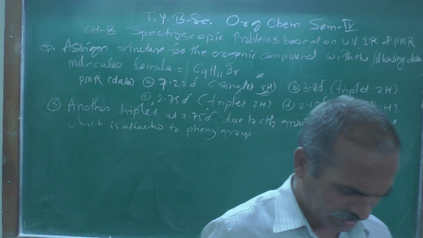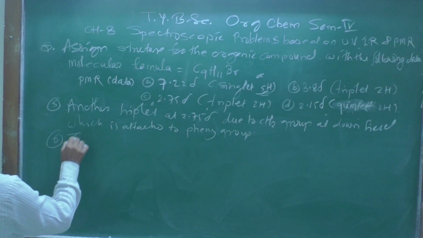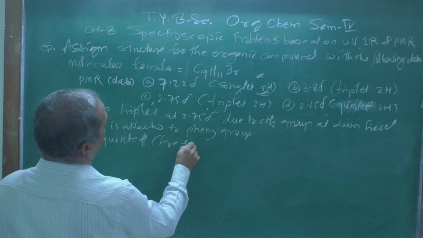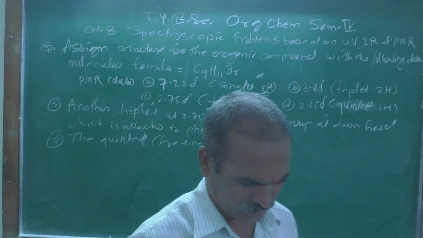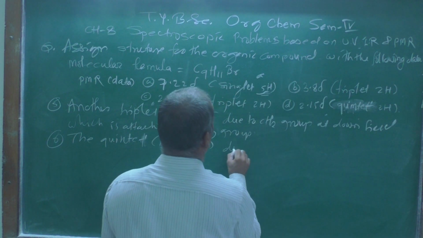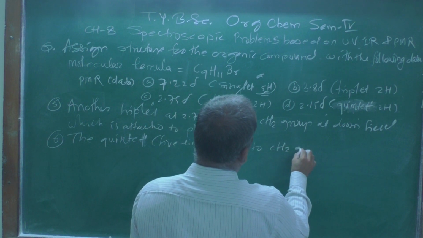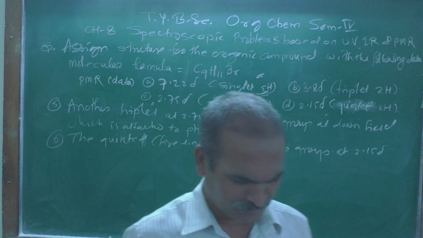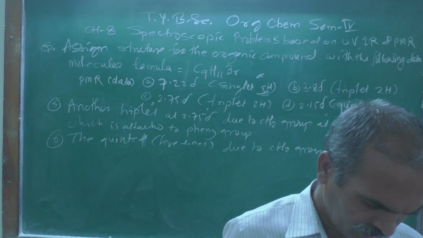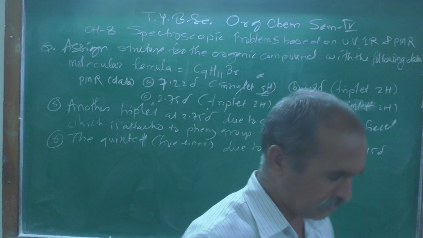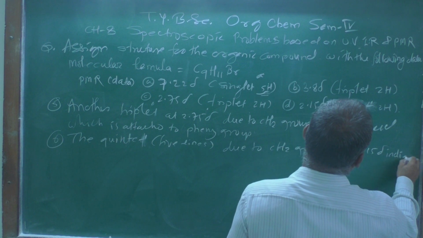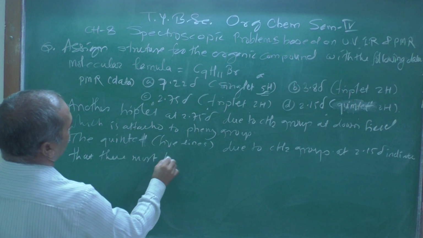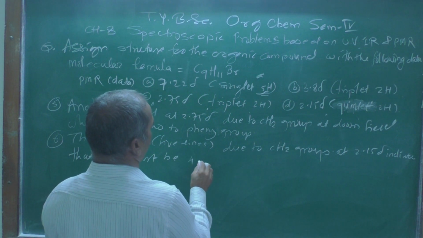And the last one, the sixth one, the quintet, 5 lines due to CH2 group at 2.15 delta, indicates that there must be 4 protons.